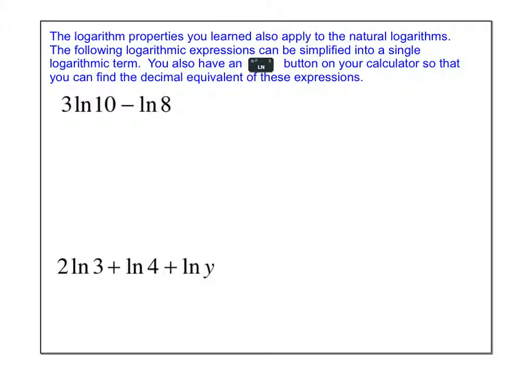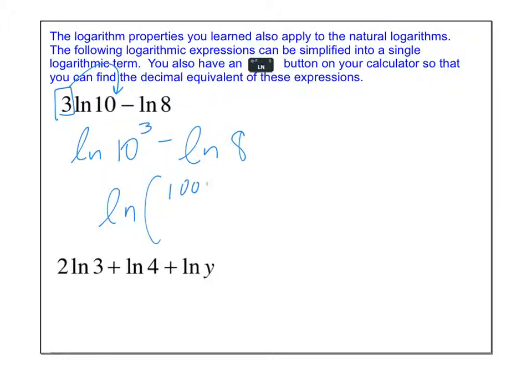So 3 times the natural log of 10 minus the natural log of 8. First things first, we're going to take this 3 and move it up as the exponent on the 10. So the natural log of 10 to the third power minus the natural log of 8. Then we could rewrite this as a single natural log of 10 to the third, which is 1,000, over 8.